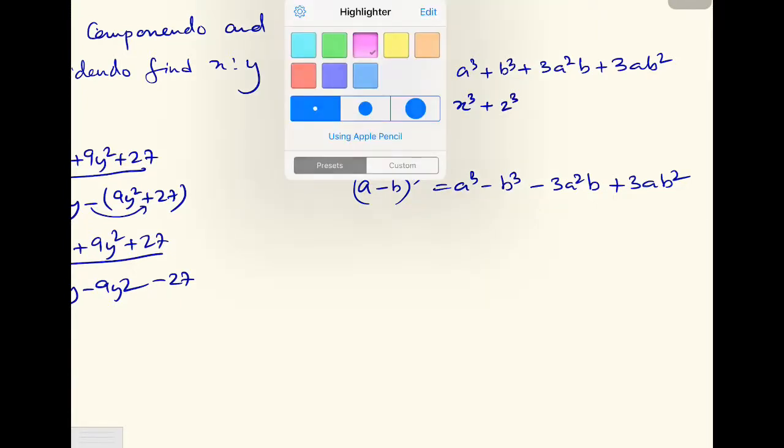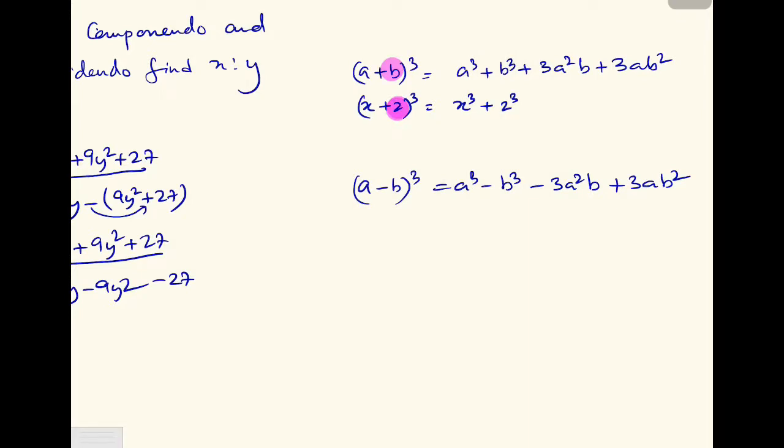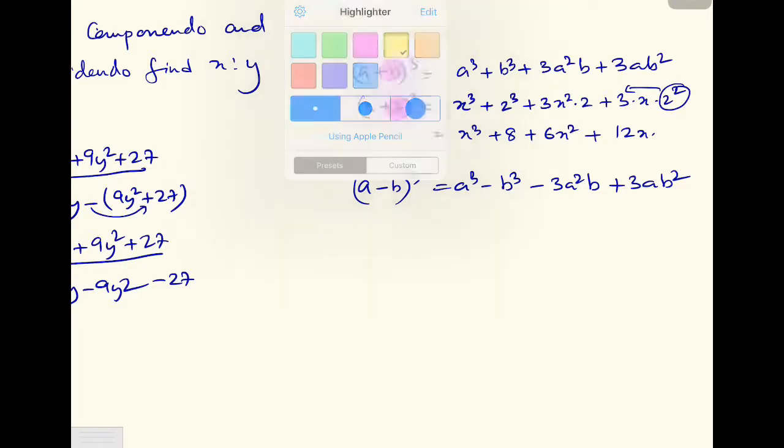Then 3x square 2 plus 3x 2 square. Simplify this: x cube plus 8 plus 6x square plus 4 into 3 becomes 12x. Interesting. Let me highlight it with yellow.